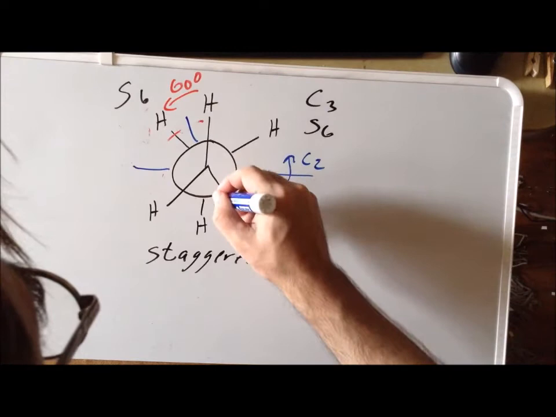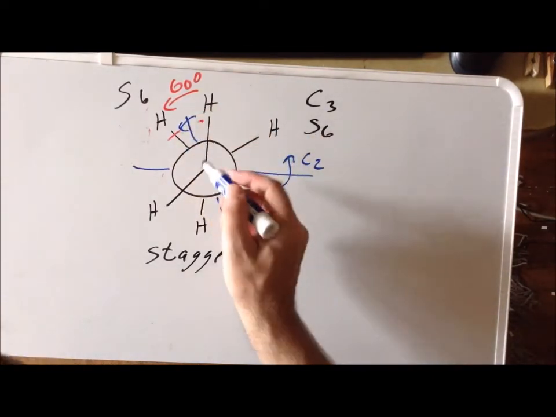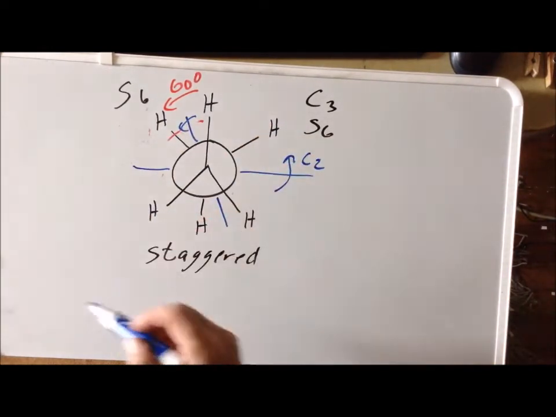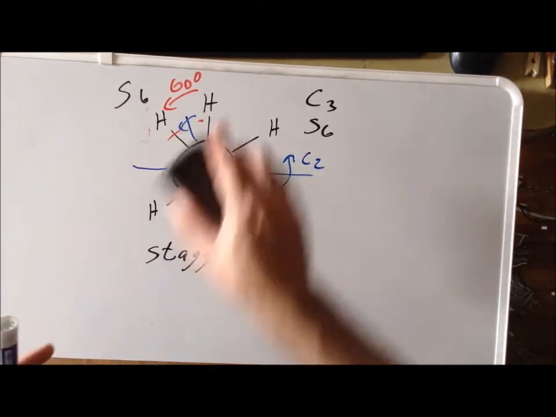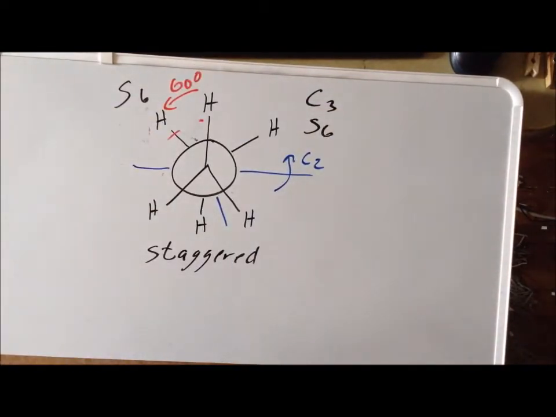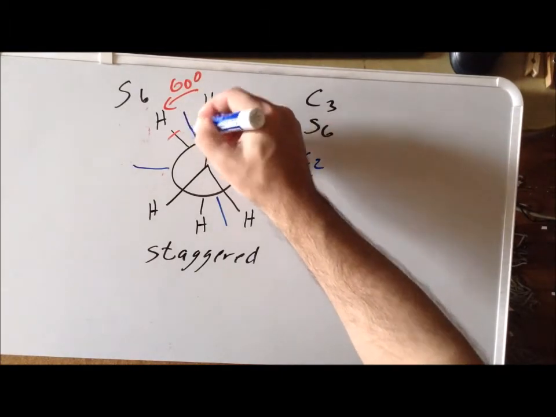And I notice that if I do a 180-degree rotation, it's going to take this hydrogen to that hydrogen, this hydrogen to that hydrogen, and this hydrogen to this hydrogen. This may not be obvious from a Newman projection diagram, so you should definitely try to convince yourself with molecular models that this really is doing what we say it's doing.